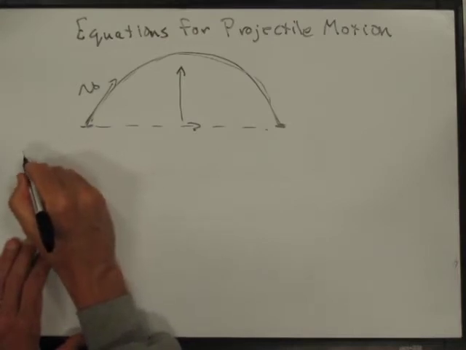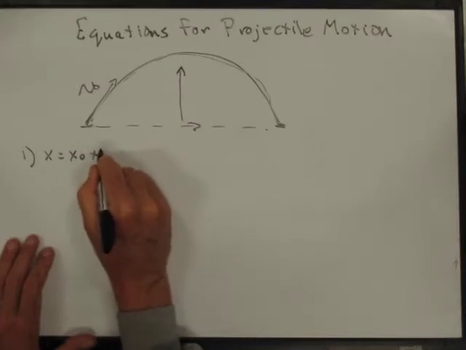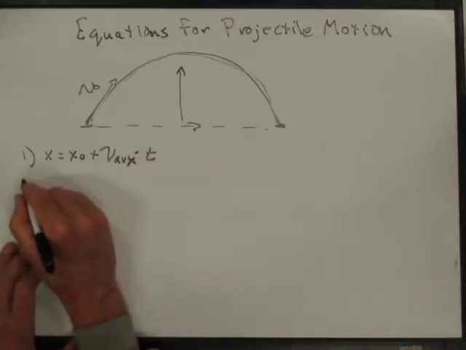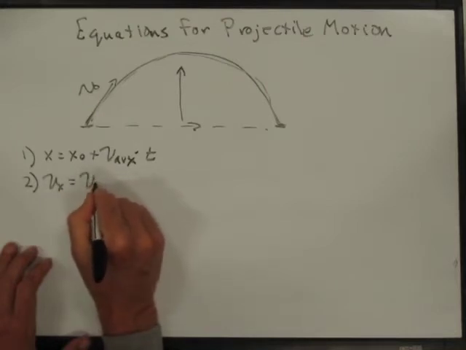And so we've already got a set of equations for x motion. When we derived these, I didn't put x's on the velocities because we hadn't talked about vertical motion yet.